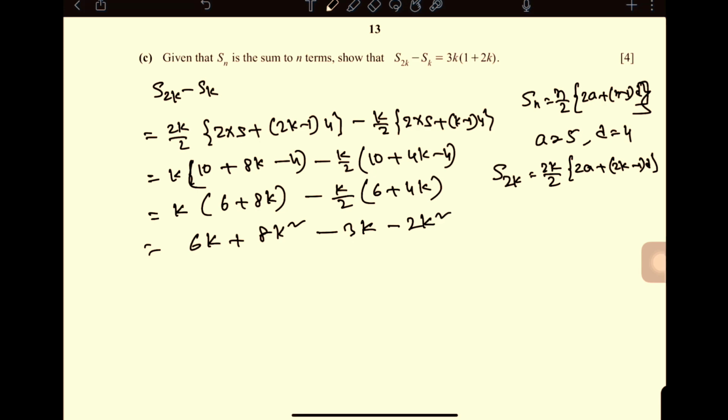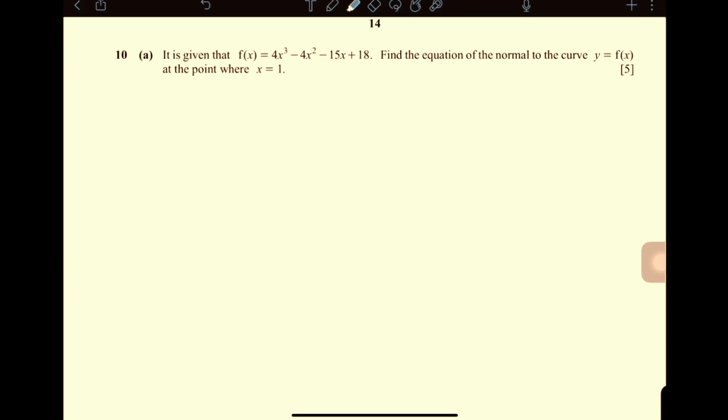Since outer side there is minus sign, so inner sign is changed. 8k square minus 2k square, that is 6k square, and 6k minus 3k, that is plus 3k, and 3k can be common, so it will be 3k times 2k plus 1.